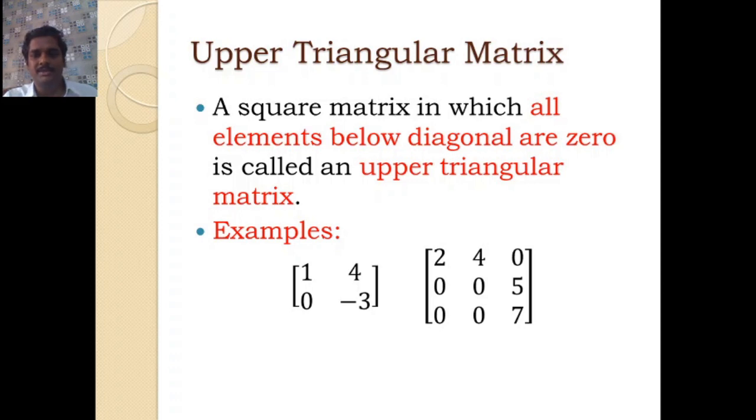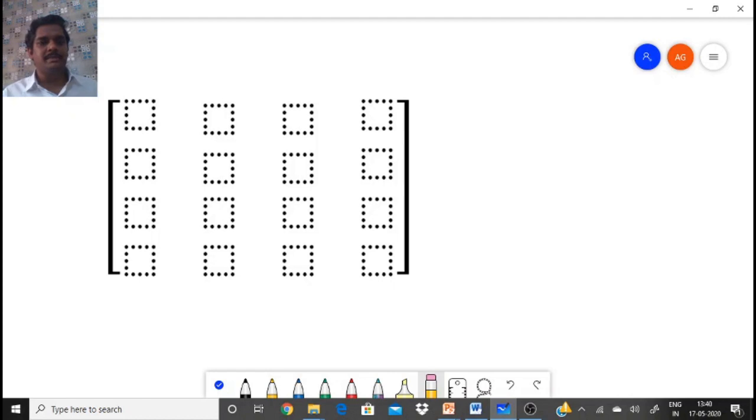What about the rest of the places? The rest of the places are free. You can put anything on the rest of the places. Let's see one more example. I'm going to construct an upper triangular matrix of order 4. According to the definition, an upper triangular matrix is what? A matrix in which elements below the diagonal are 0.